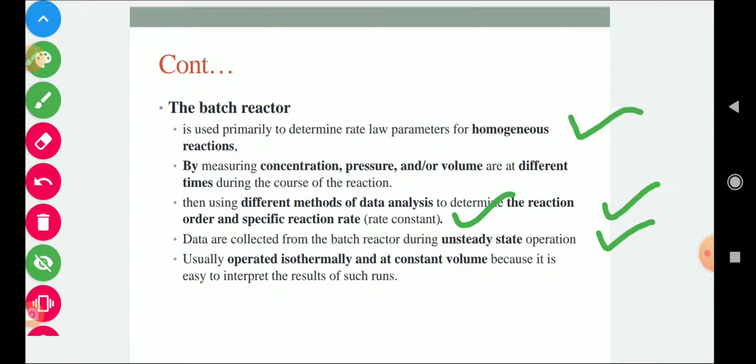Here the concentration of reactant is decreasing with respect to time, because as time proceeds the reactant is consumed in the reaction and forms product. So the concentration varies with respect to time, so it is an unsteady state operation. It is usually operated isothermally and at constant volume, because it is easy to interpret the results of such runs.